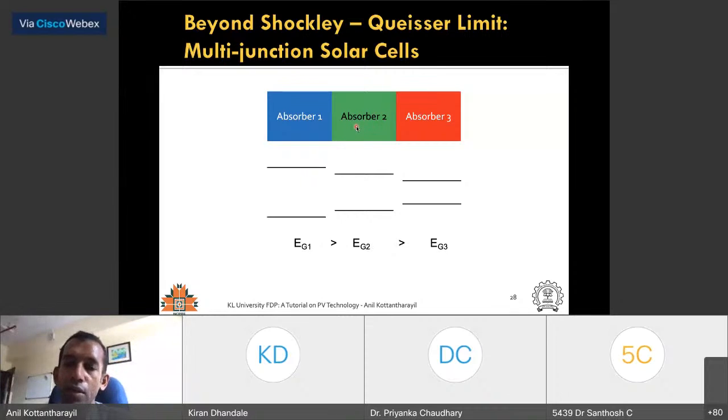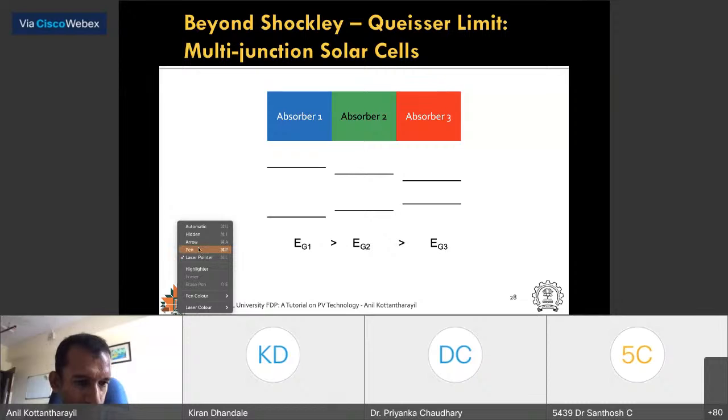If the photon energy is much larger than the band gap, the excess energy is wasted. So what we are doing here is using 3 different semiconductors with 3 different band gaps. Light enters from here. That is the important idea here.